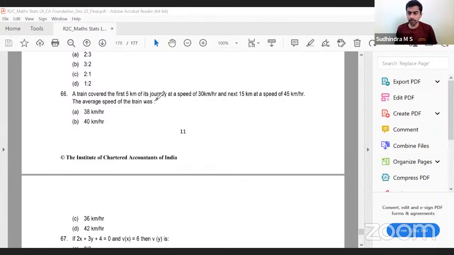So this is harmonic mean. And we have frequencies given, right? 5 kilometers at 30 kmph, 15 kilometers at 45 kmph.